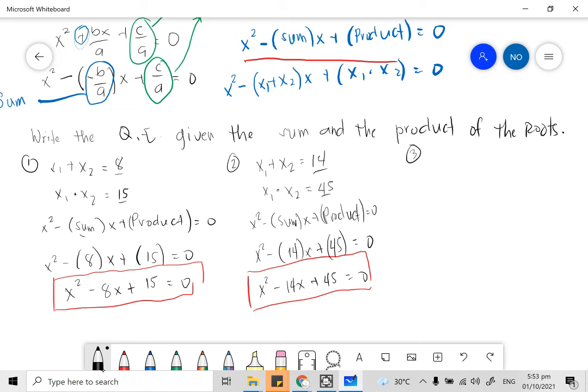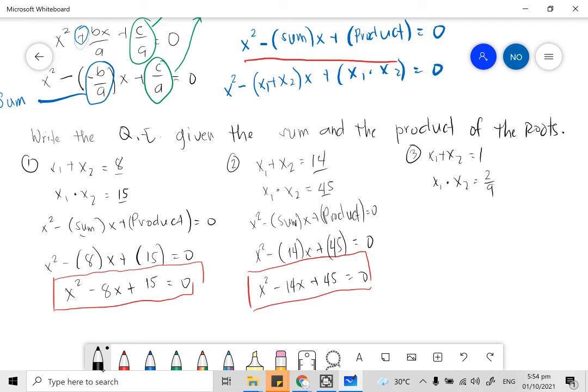Ang given naman natin ngayon ay x sub 1 plus x sub 2 equals to 1. And then x sub 1 times x sub 2 equal to 2 over 9. So ngayon, given ito, hahanapin natin, class, yung quadratic equation.